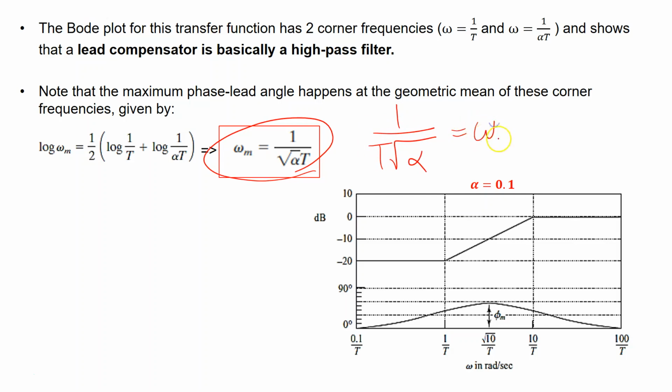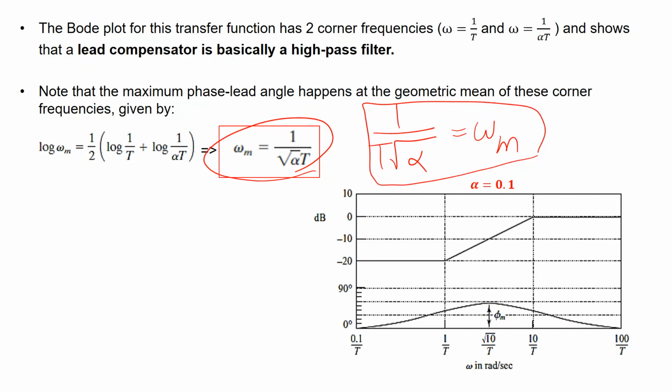Okay, so this is the frequency at which the maximum phase is happening. Now in this plot, this plot is drawn for alpha equal 0.1. So if you plug in 0.1, this will be simplified into square root of 10 over T. But in general, this is the general formula for where that maximum phase is happening.